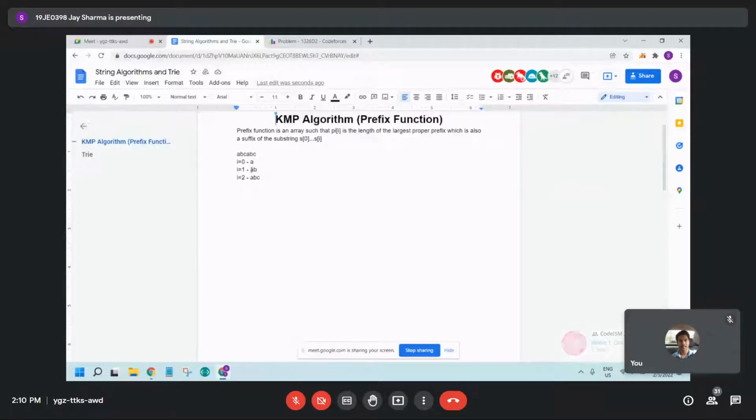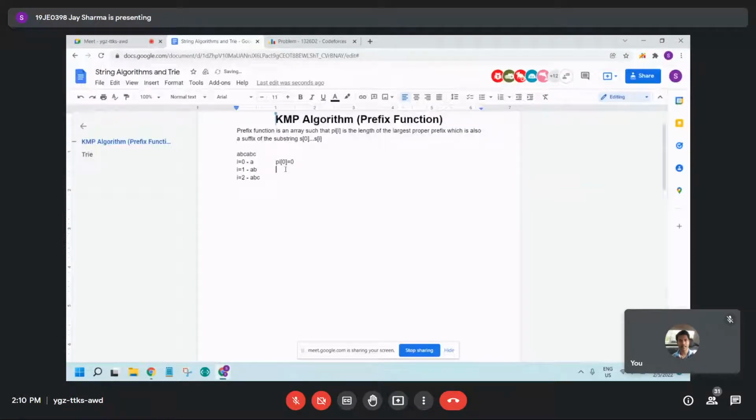We are considering only a proper prefix, which is not the whole string and also not empty. So here you have no proper prefix, so pi at 0 should be equal to 0.